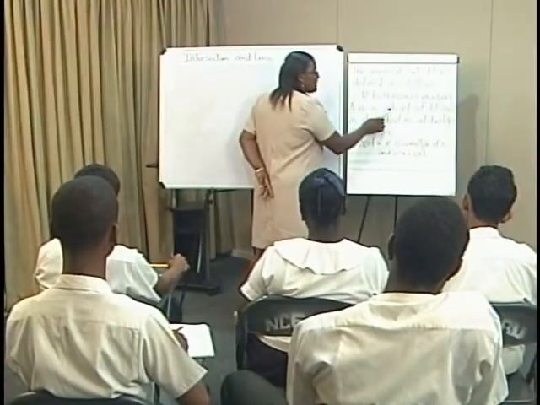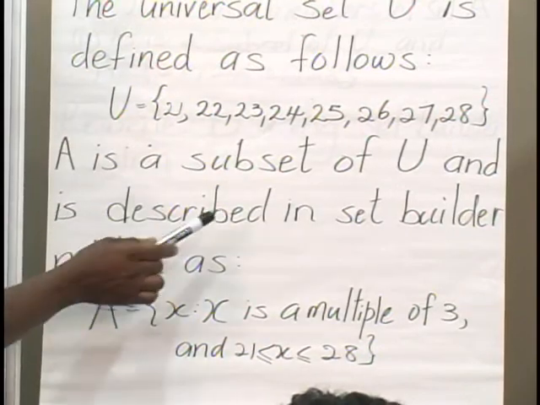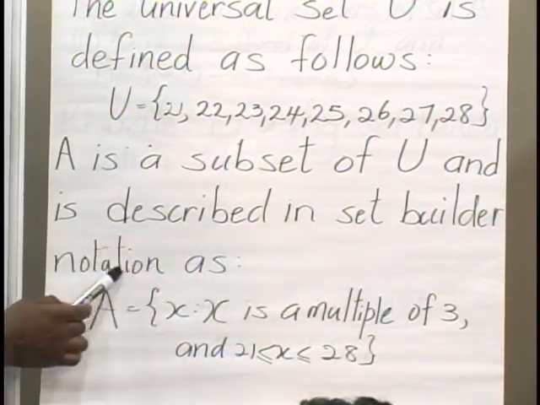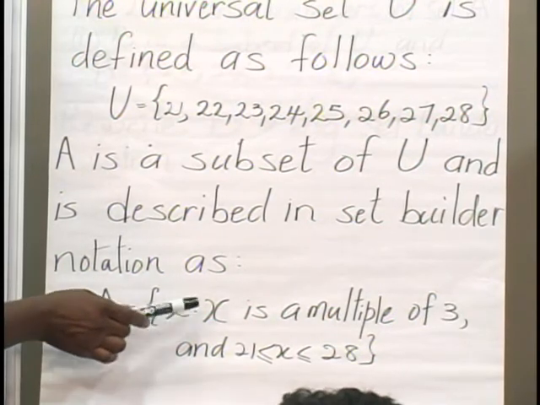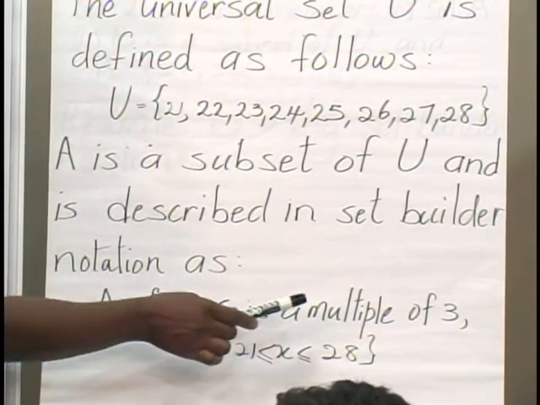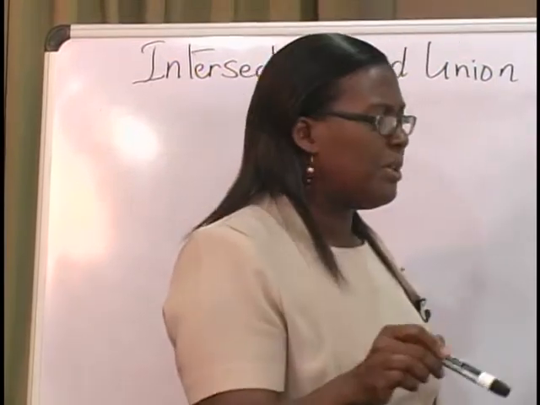A is a subset of U and is described in set builder notation as A is equal to the set of x's such that x is a multiple of 3. So we're going to stop there and ask ourselves, what is a multiple? We have got to know that first before we can proceed. What is a multiple of 3?